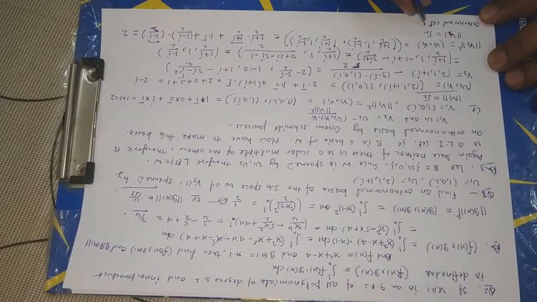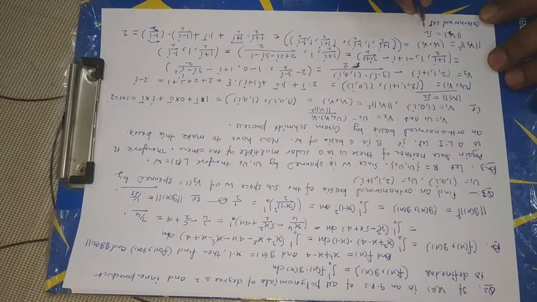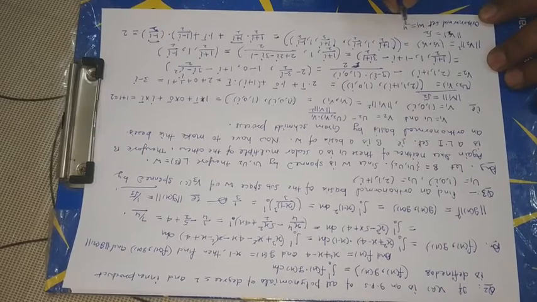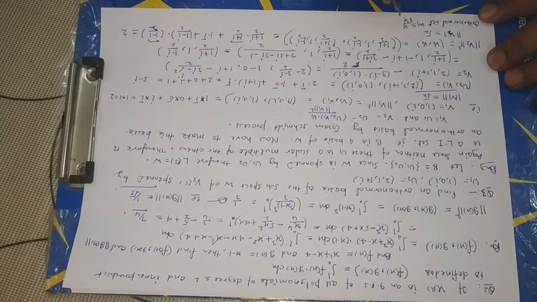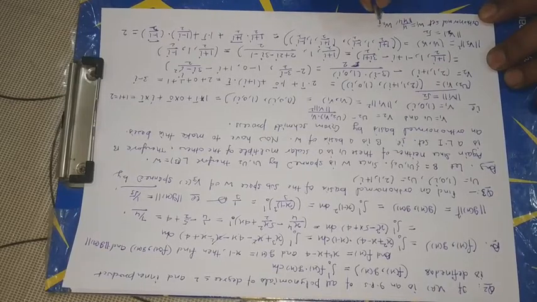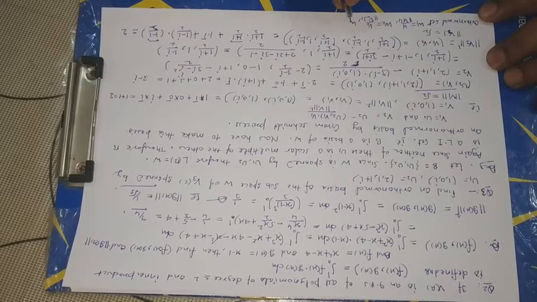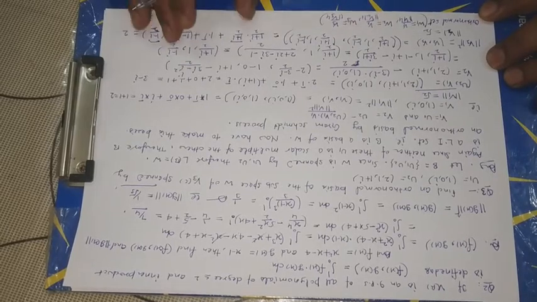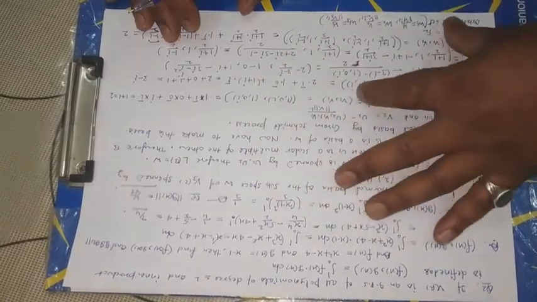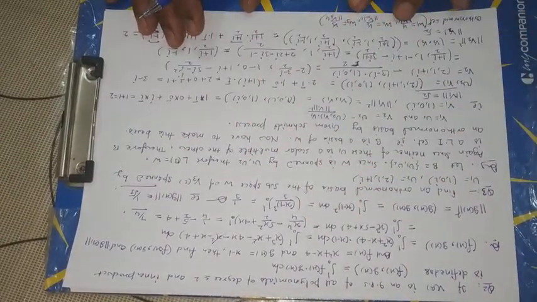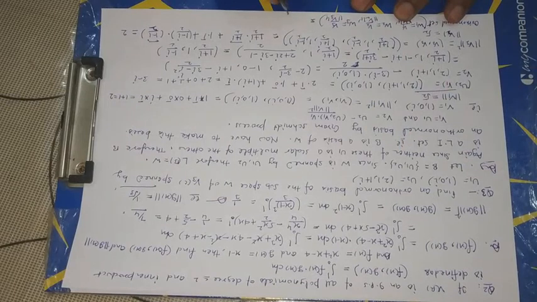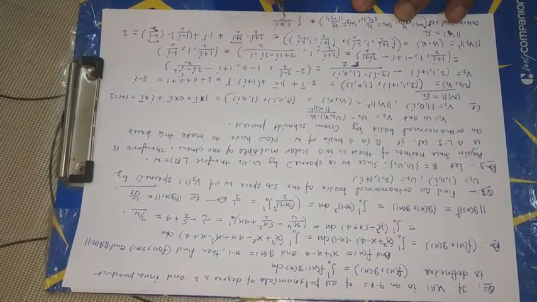The value of W1 is equal to V1 upon V1 norm, W2 is equal to V2 upon V2 norm, or W3 is equal to V3 upon V3 norm. This is the orthonormal set. That is the value of this after calculation: (1, 0, i) upon under root 2.